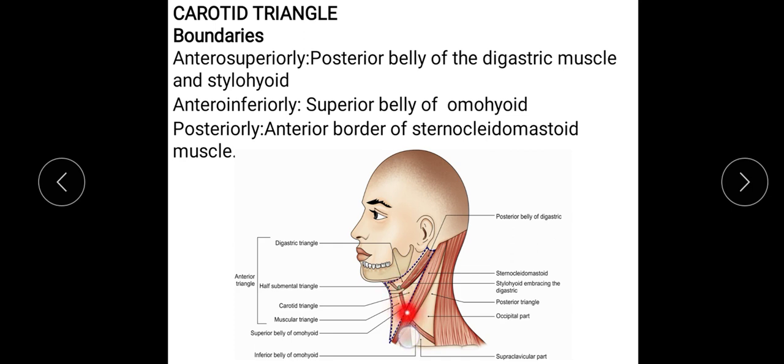This is the superior belly of the omohyoid muscle, and the posterior boundary is formed by the anterior border of the sternocleidomastoid muscle.